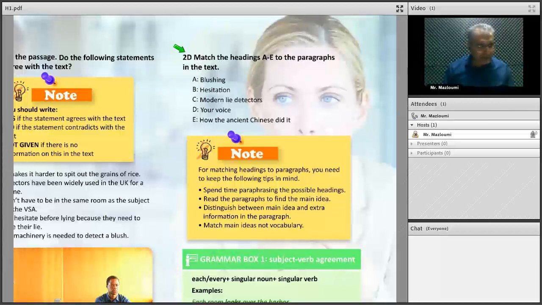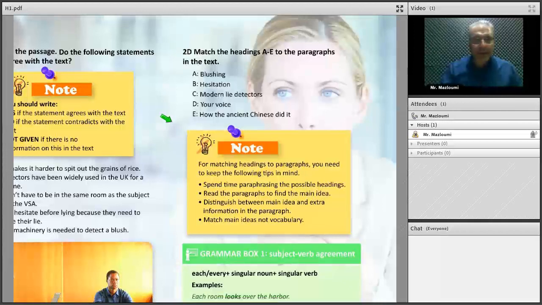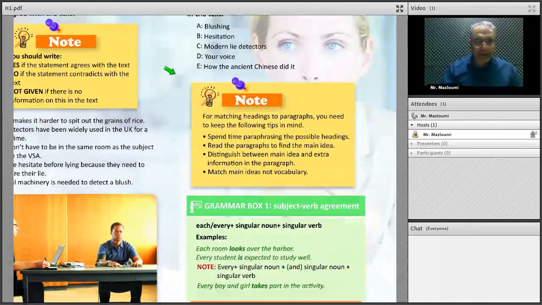Well, we had it in paragraph 2. Your voice, we talked about a gadget, the VSA, that measures our voice. It was in paragraph 3. And how the ancient Chinese did it, the people in ancient China, was in paragraph 1.